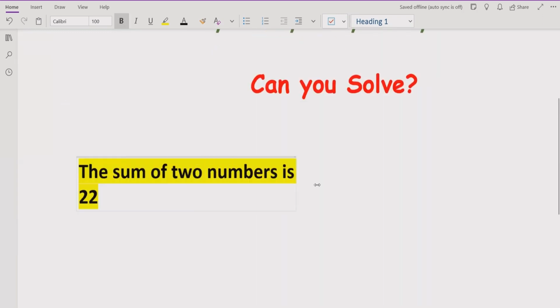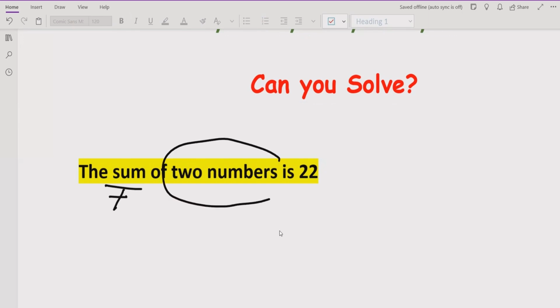So here we have the first statement, the sum of two numbers is 22. First we have to write this statement and find the expression for it. The sum means plus, and the important thing here is that we have two numbers, not one number. Basically we have two unknown numbers.